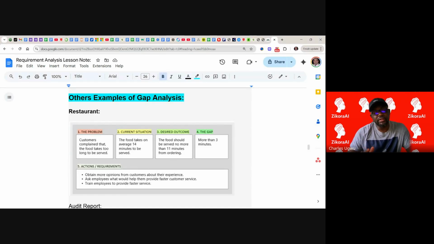That is the process here. The gap in this process is delay. So what is the amount of delay in this situation? When you carry out investigation, talking to customers, you find out that customers say, I want my food to be served within 11 minutes or within 10 minutes.